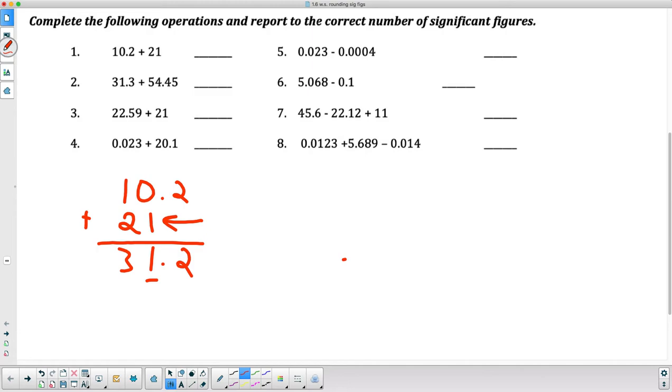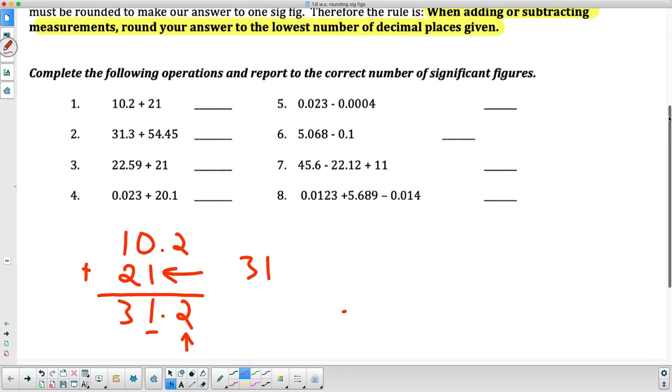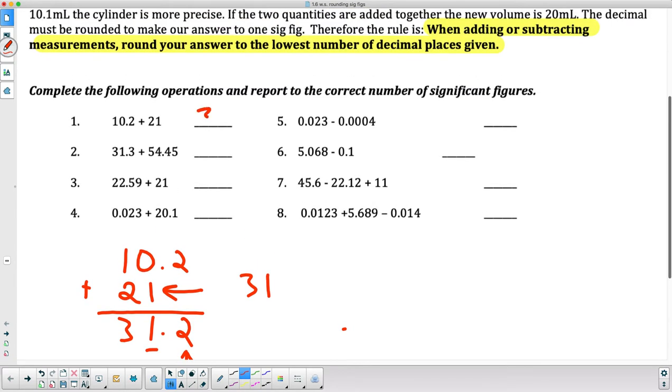So the ones place here is where I round to. That means I'm checking here at the 2 to see if it's 5 or higher, and since it's not, my answer would be 31 for number 1, because I'm rounding off to the ones place because the 21 ends at the ones place.